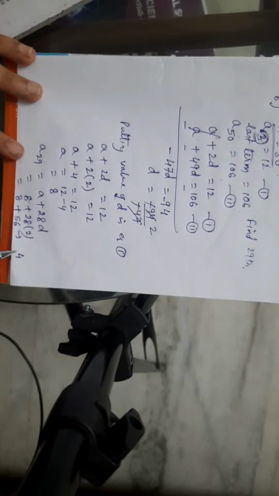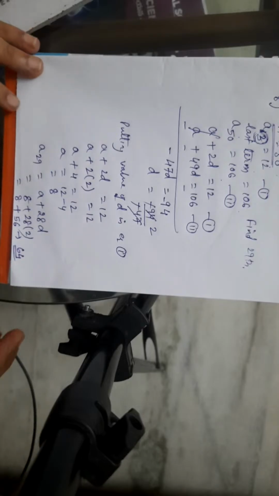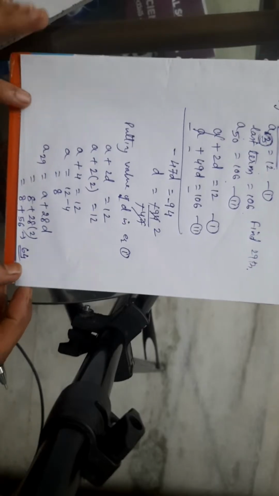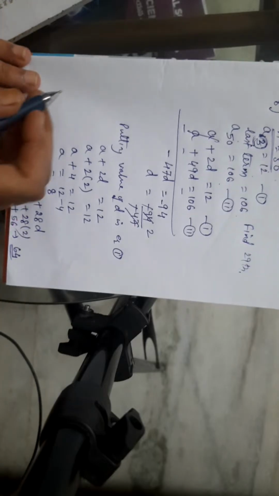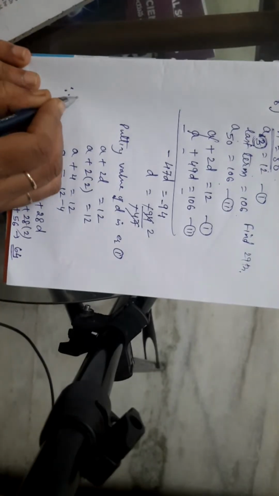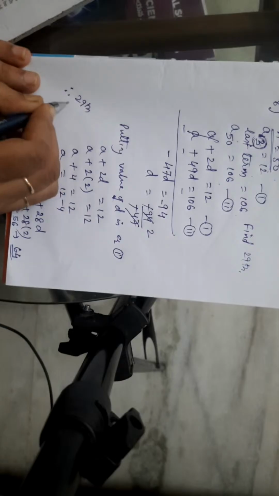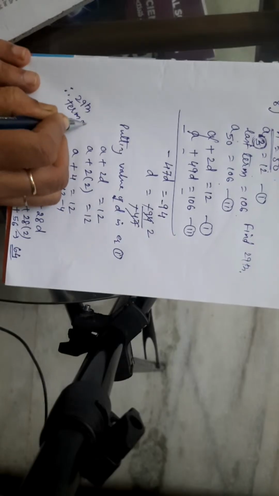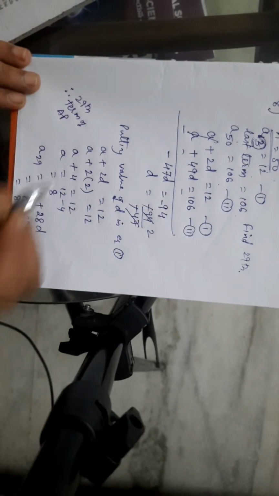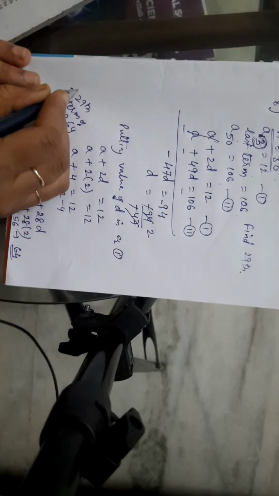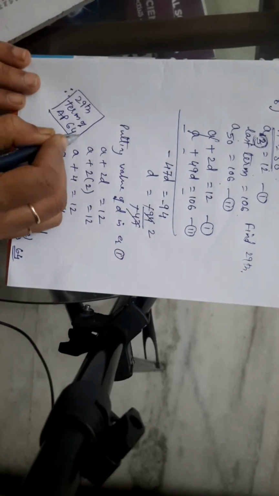Thus the final answer is 64. So what is the 29th term? Thus the 29th term of the AP is 64. This is our final answer. So this is the question which we completed.